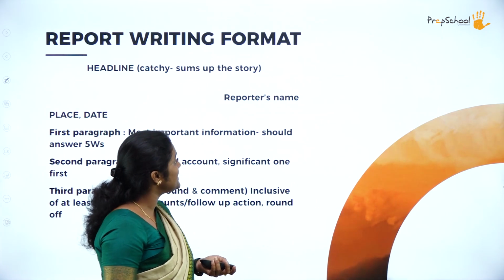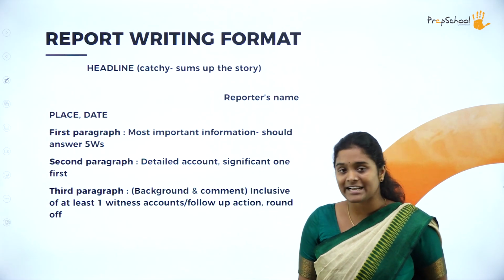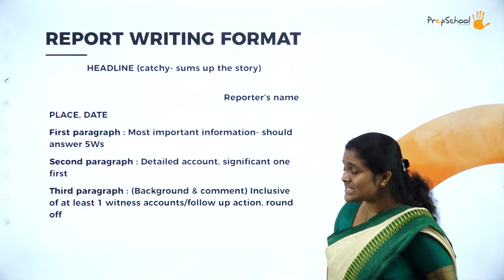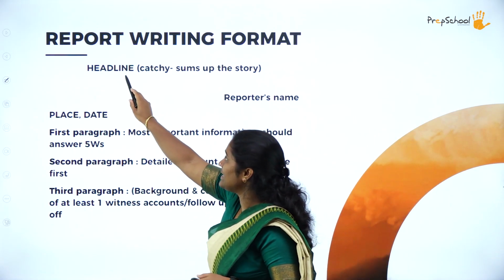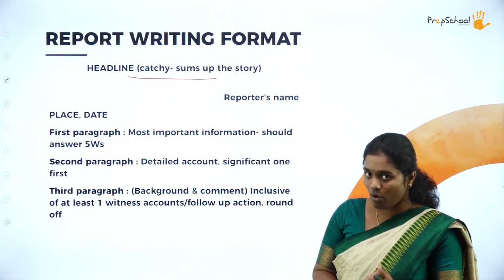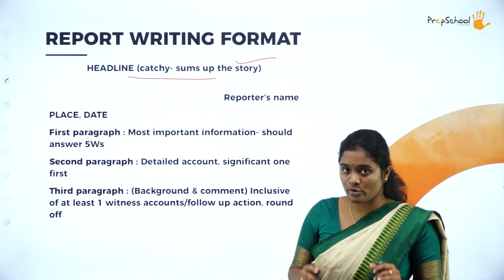Okay, let's see how it should be. What is the format that has been prescribed by the CBSE, by the board? First you start with the headline. It's not just a title, it is a headline. It should also be catchy and sum up the entire story like the title. There's no difference over here.